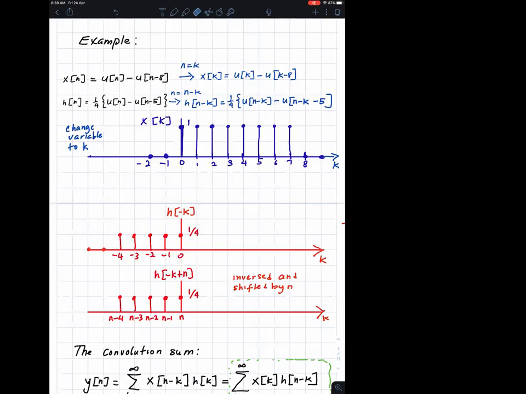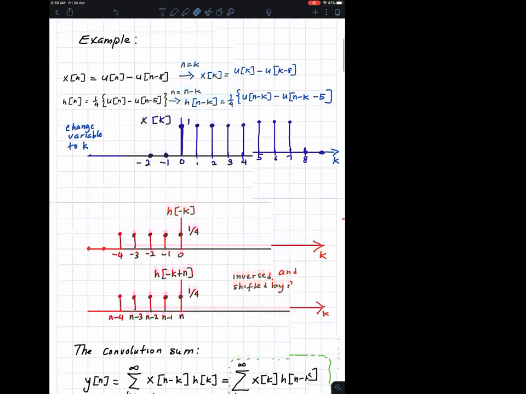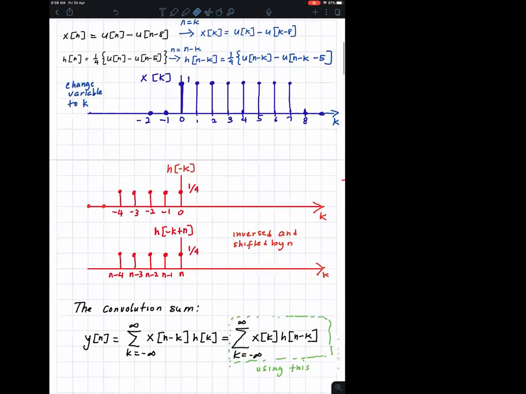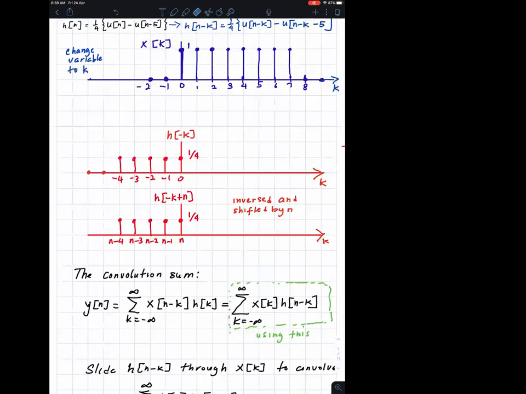Okay, so then the annotation for h of minus k should be h of n minus k, right? Because this is until -4 and the amplitude is 1/4, and according to above, we already did the whole equation.